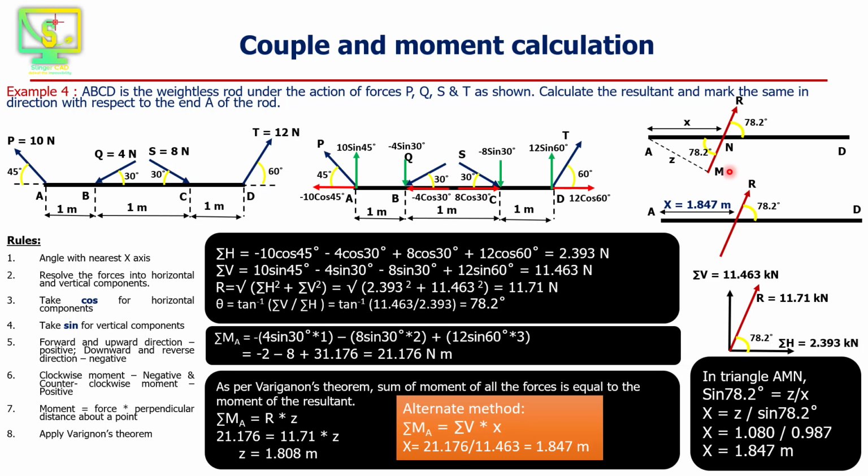For sigma V, this perpendicular distance we can take as X. Sigma MA is equal to sigma V into X, resultant force into distance is equal to the sum of the moments. So sigma V into X is equal to sigma MA, and from this we can calculate X. This is the alternate method.